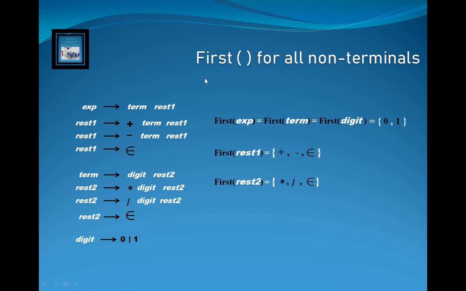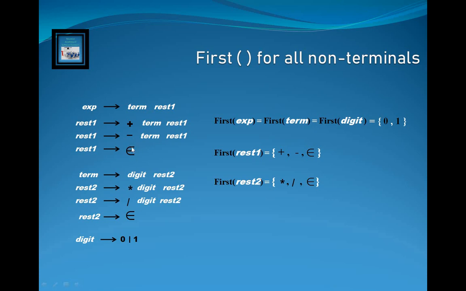Now we will see what is the first of rest1. Here there are three productions. The first production starts from token plus, the second production starts from token minus, and the third production is epsilon.